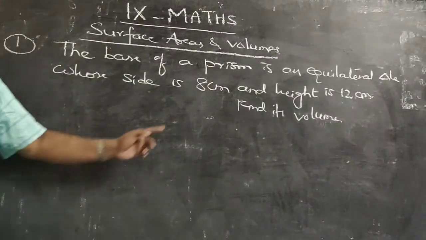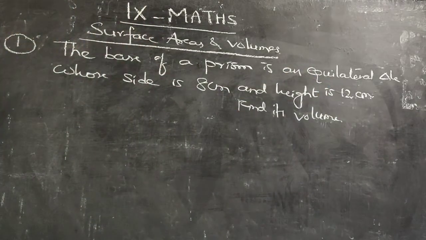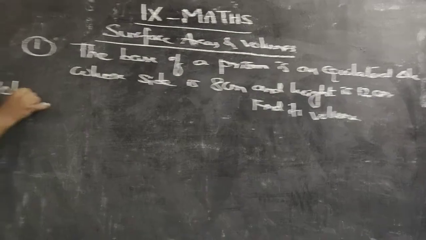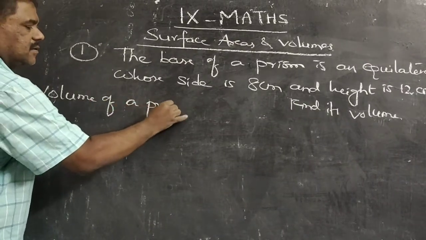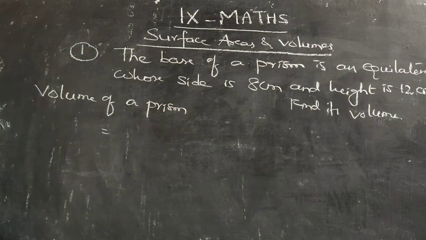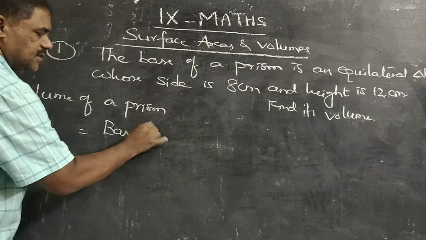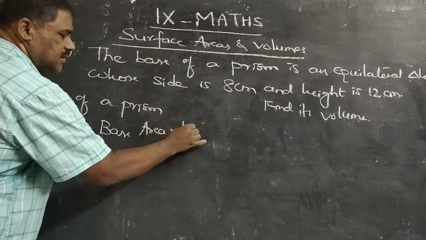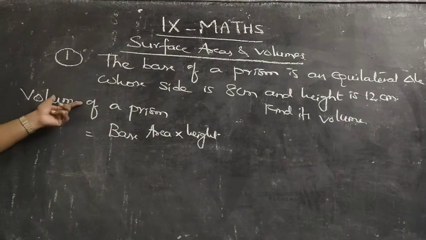Here one prism is there whose base is an equilateral triangle, so we have to find volume of the prism. Volume of a prism formula is base area into height. This is the formula for finding volume of a prism.